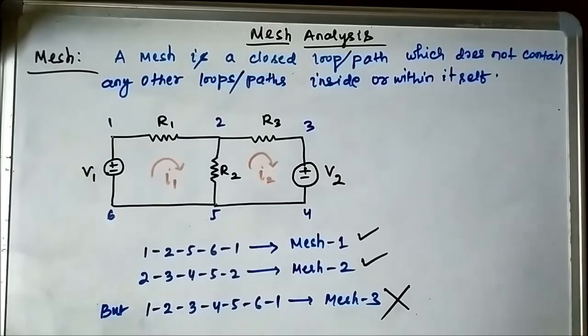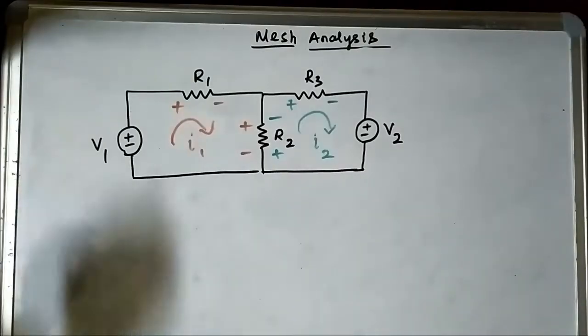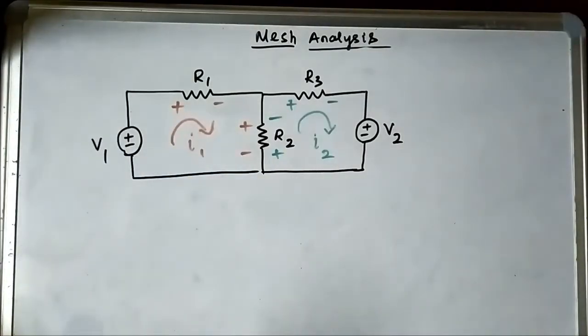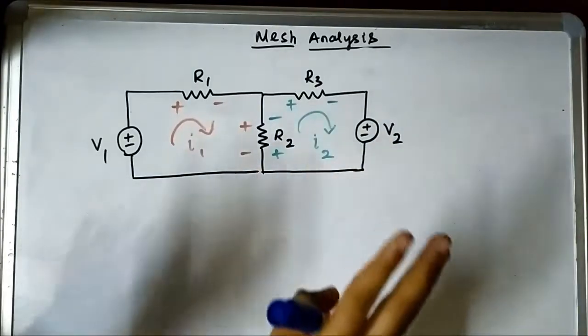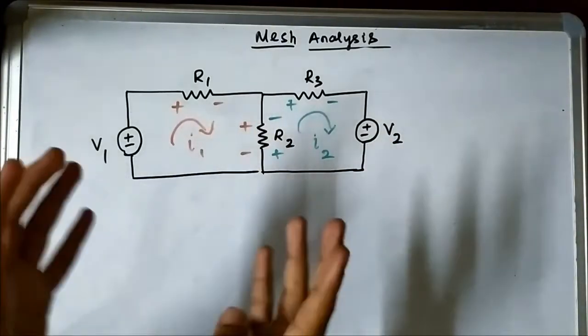Now we will see how we use mesh analysis to determine the unknown branch currents in a circuit.